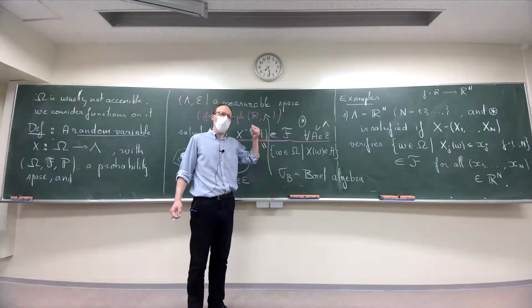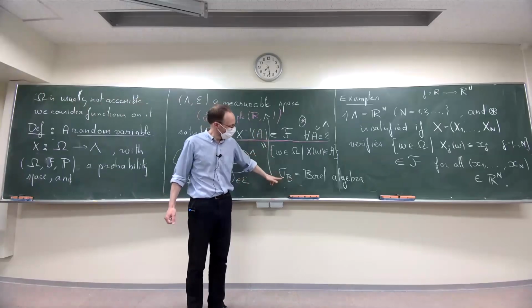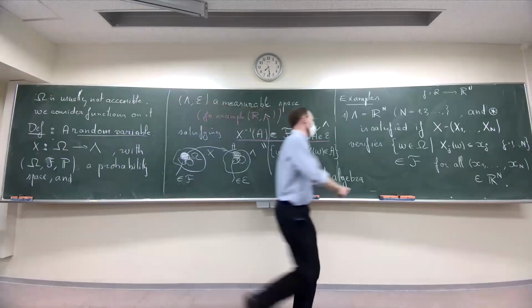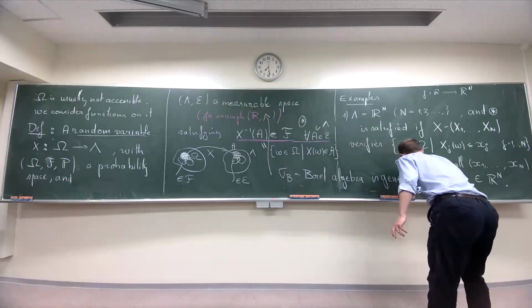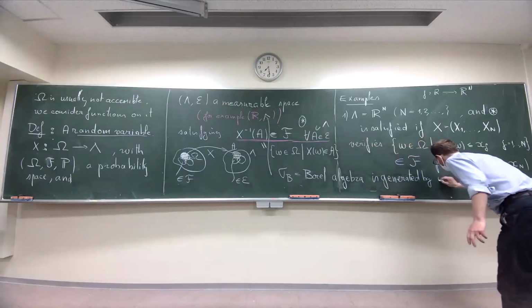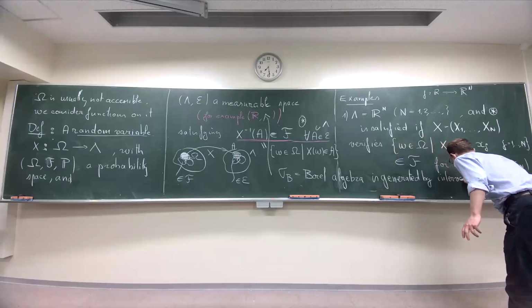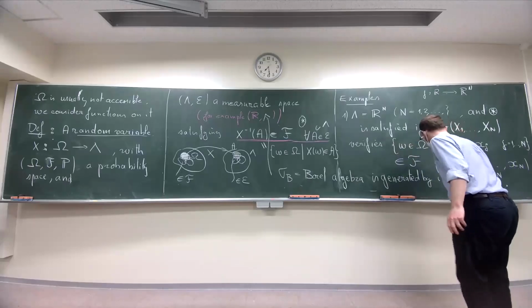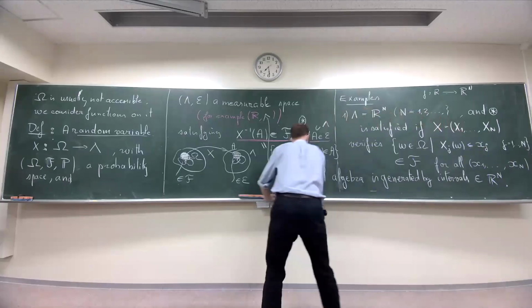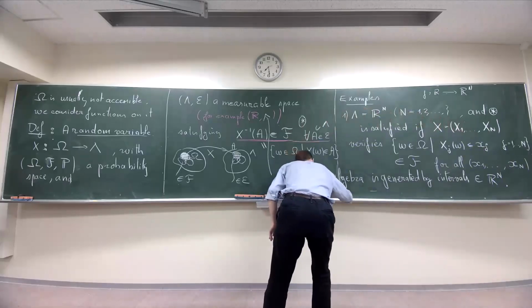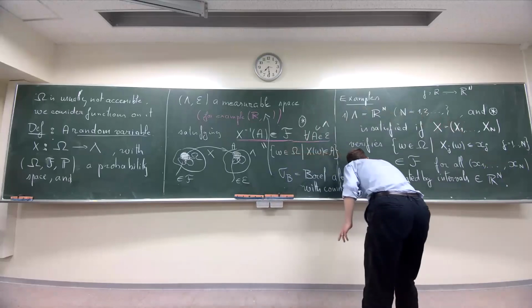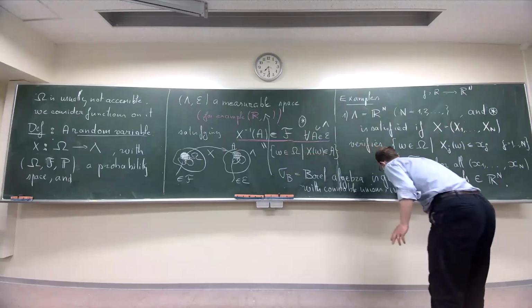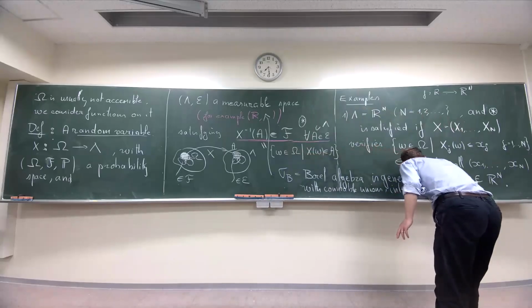It has to be stable under complement, countable intersection, and countable union. So this Borel algebra is generated by intervals with countable unions, intersections, and complements.